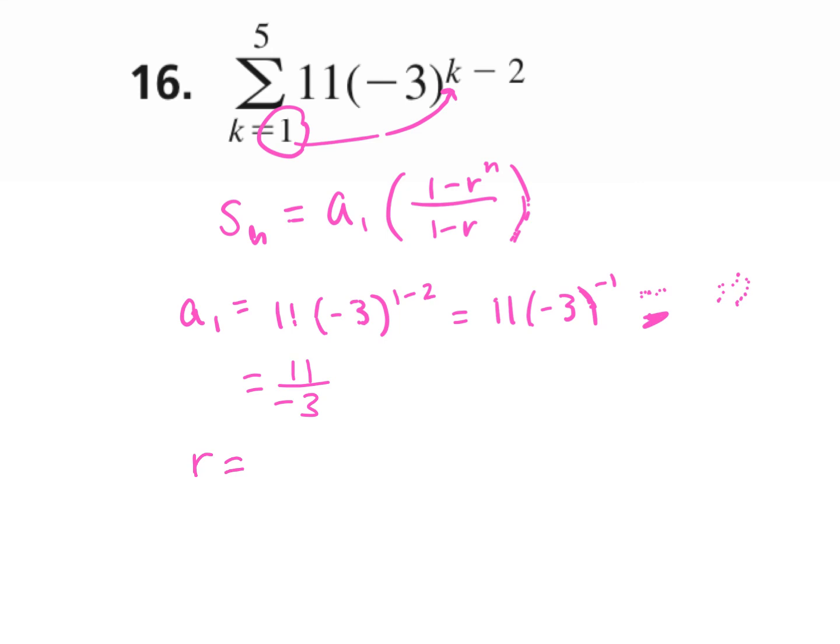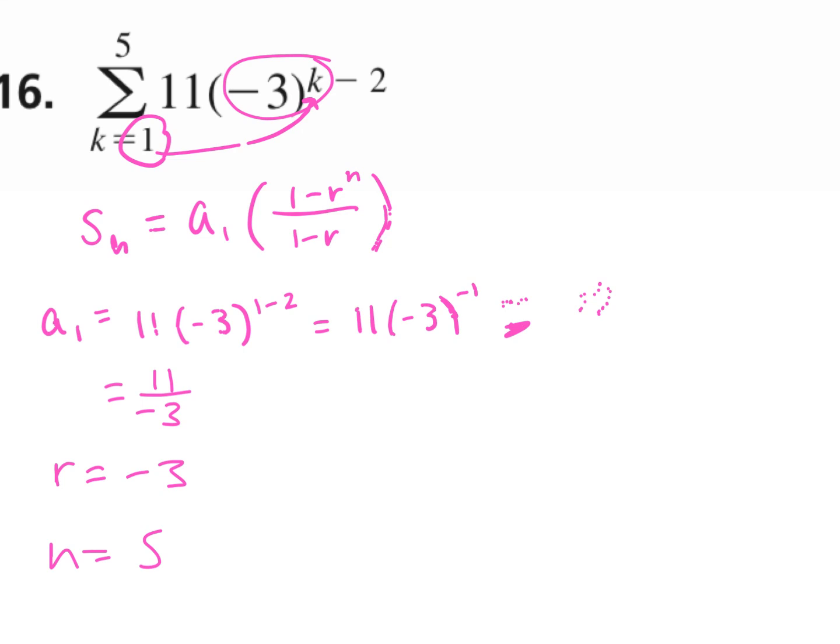Negative 3. R is whatever's touching that exponent. And then how many terms do we have? 5. So let's plug everything in. We have S sub n is equal to 11 over negative 3 times 1 minus r, which we said was negative 3, to the power of n, which is 5, over 1 minus negative 3.